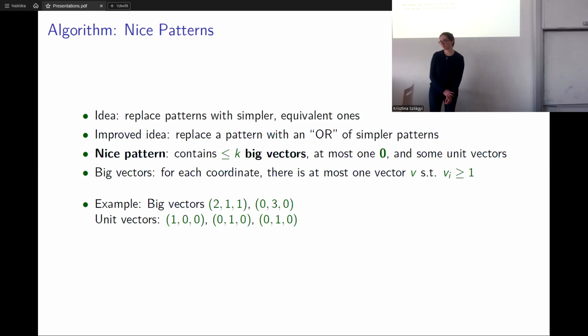So this is an example. You can see that we can have these two maybe big vectors. For each coordinate, we have at most one vector where this coordinate is bigger than 1. And we can have any number of unit vectors, but we don't really care about them too much because they are kind of simple, and we can deal with them easily. There are also not that many of them, because there are k unit vectors, and each of them can appear with some multiplicity.